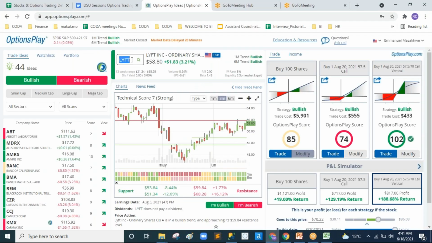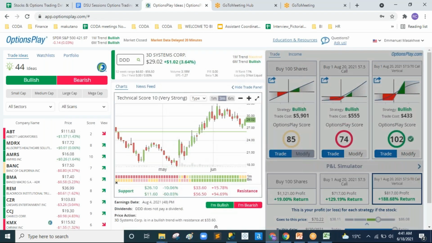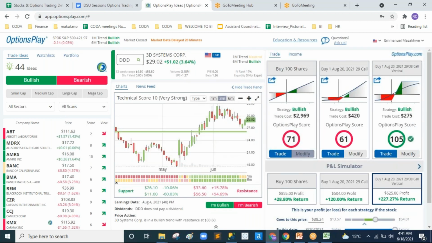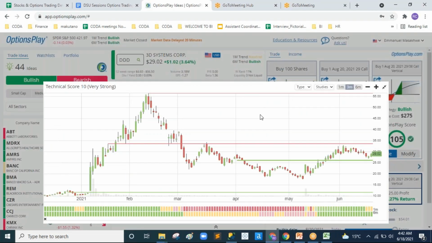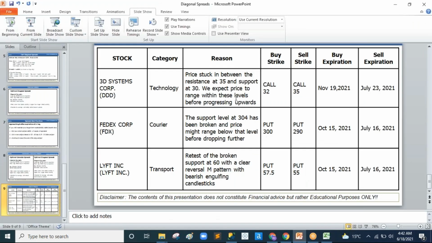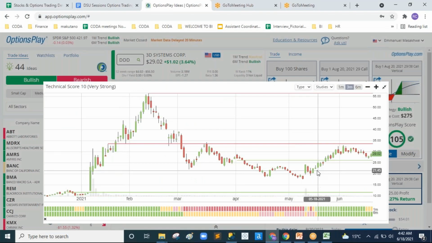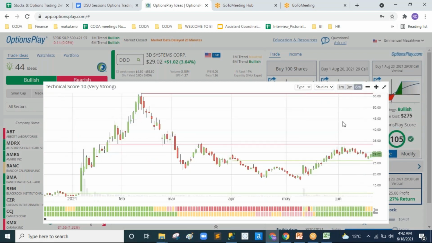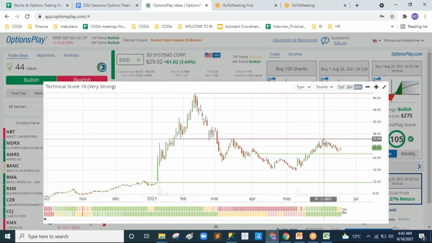So let's see, triple D. The reason we're given it is that price is stuck between the resistance level at 35 and support at 30. We expect price to range between these levels before progressing upwards. Generally it has a bullish outlook. Looking at 6 months, we're looking at a price level of 30.